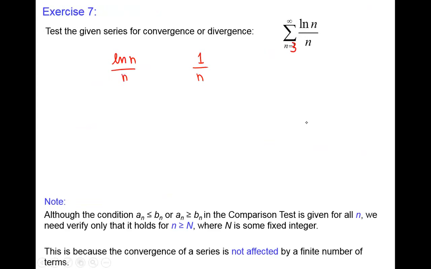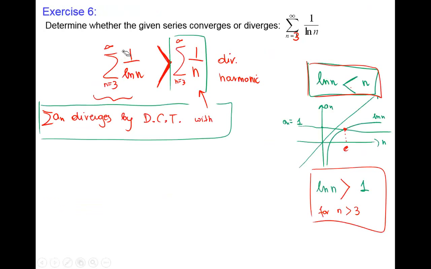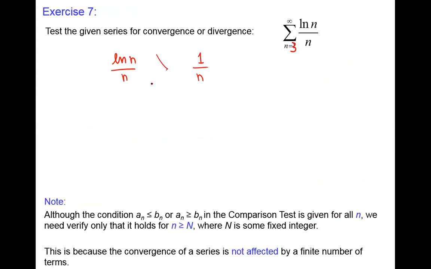Then if we look at this function, ln of n after 3, after e, is above 1. That means this is greater, and the same situation. This is the harmonic series, it's divergent.